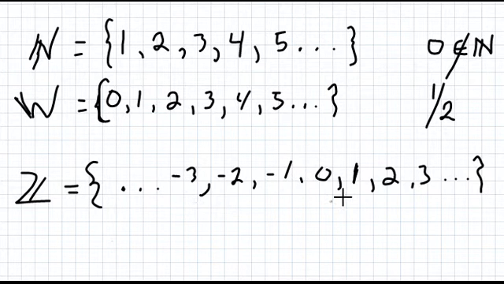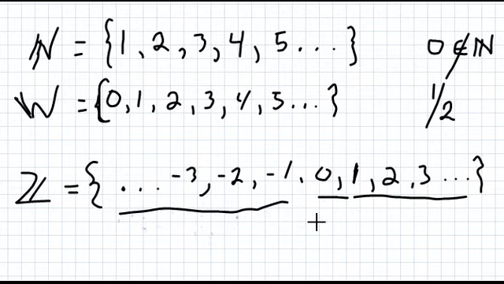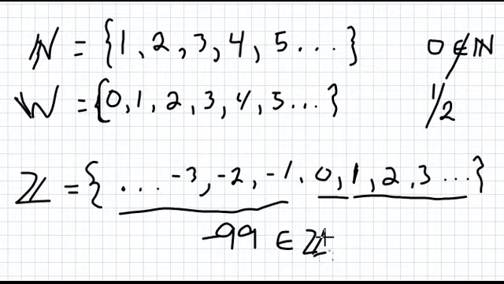Okay, so we have the set of natural numbers. We add 0 to it. There's the set of whole numbers. And then we got all of their opposites, their negatives, -1, -3, so forth. -99 is an element of Z. Even though I didn't write it in here, it's in here.